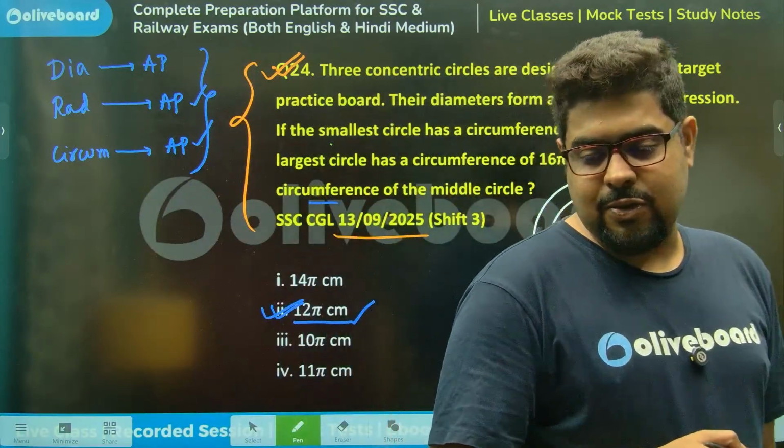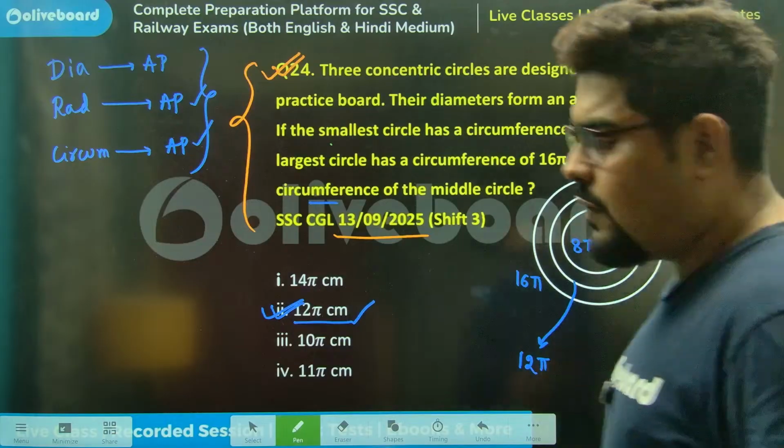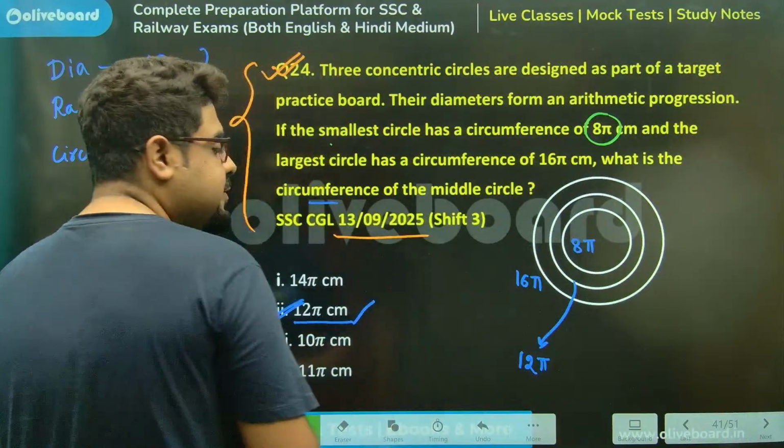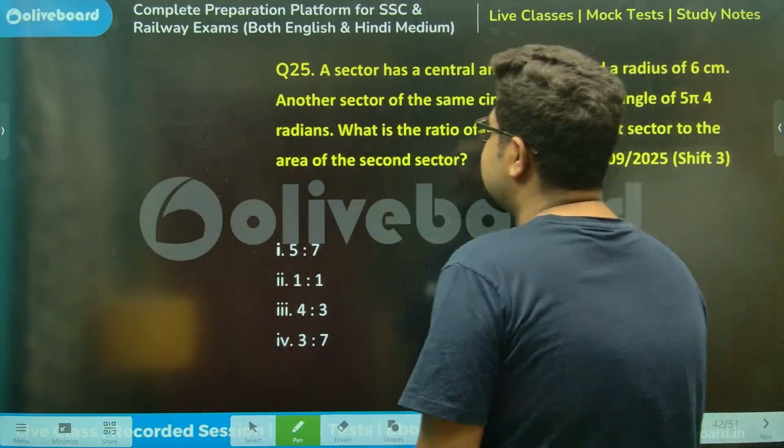We do not need to do any calculations. Just by using the very simple property of an AP, we were able to solve this. Simple property I have discussed in the foundation classes.